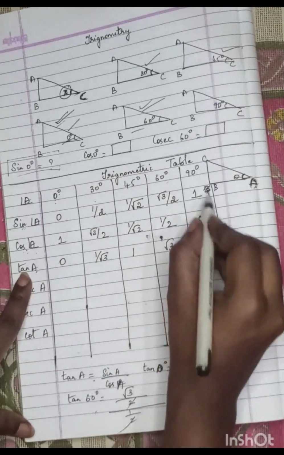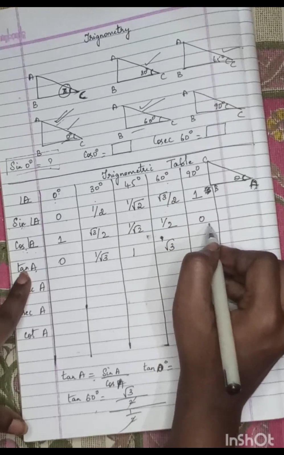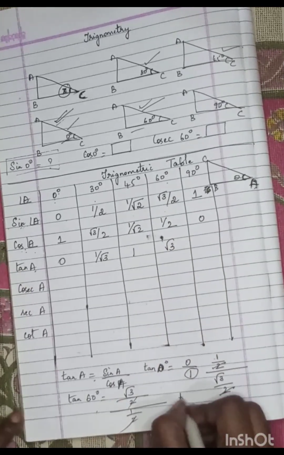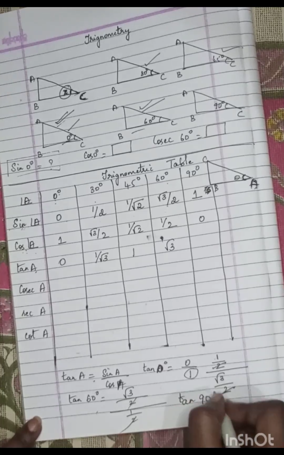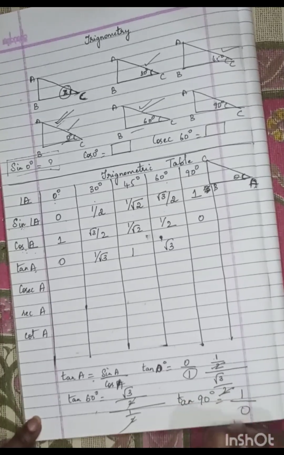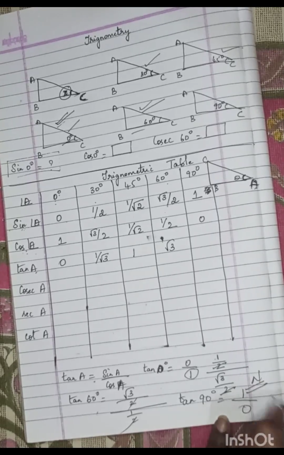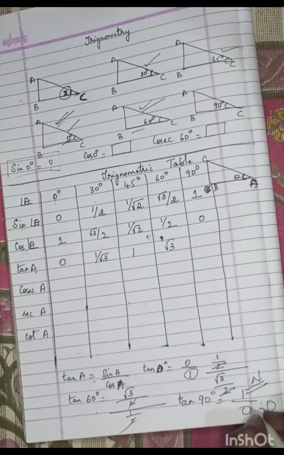Then tan 90 degree is 1 by 0. So, this is our numerator. In our numerator place, we have 1. This is our denominator, but in the denominator, we are having 0.